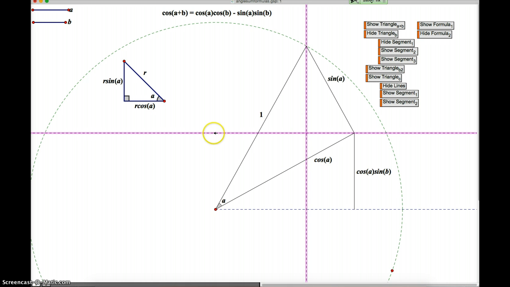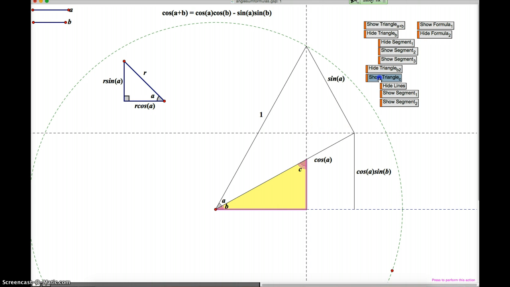And then we're also going to draw this line, which is perpendicular to this vertical line and through this vertex of the original triangle. The first triangle we're going to focus on is this one right down here, which includes angle B that we identified earlier, and another angle which we're going to call C. If we do a little bit of geometry, we can see that these other two triangles exhibit a relationship that's going to be useful for us.